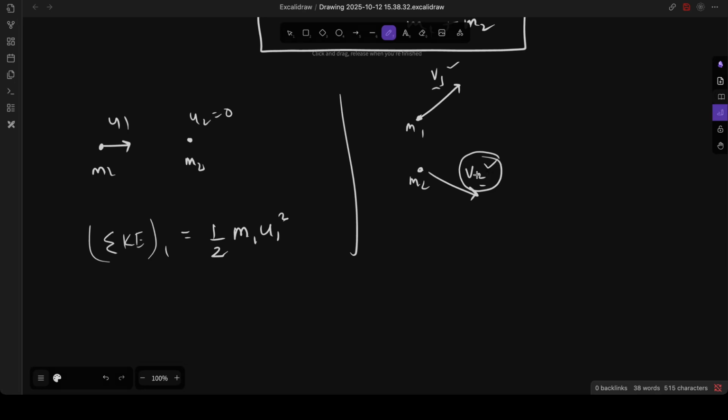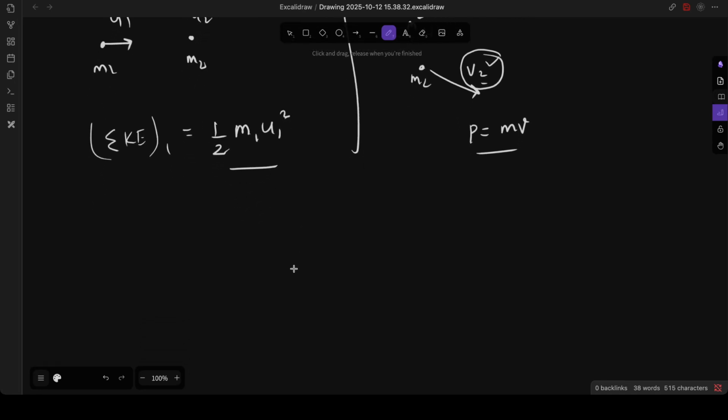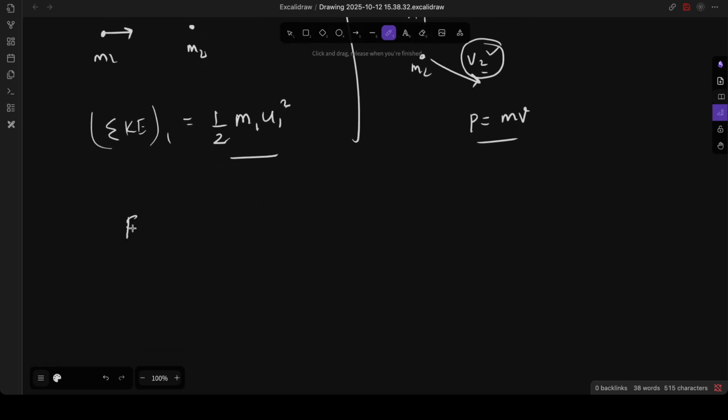That means we have to initially use the formula for momentum, p is equal to mv. So don't stick to this formula. We have a formula for kinetic energy which is p squared upon 2m. We use this formula. Stick to this formula, p squared upon 2m. Don't stick to half m1 u1 squared.